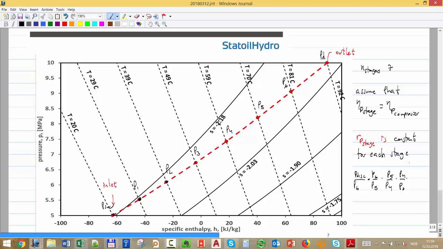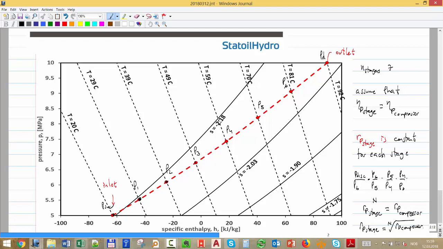N times, right? N is the number of stages. So we have the pressure ratio of every stage to the power of N, not the polytropic, but the number of stages. That will be equal to the RP of the total compressor. So to find the pressure ratio of every stage, you just have to take the nth root of the RP of the compressor.